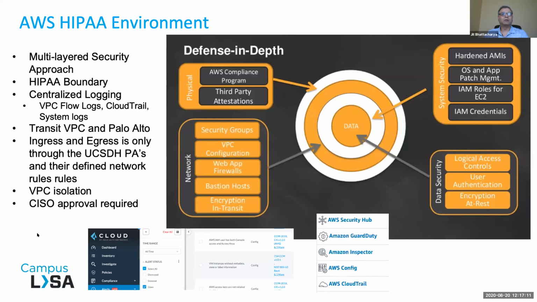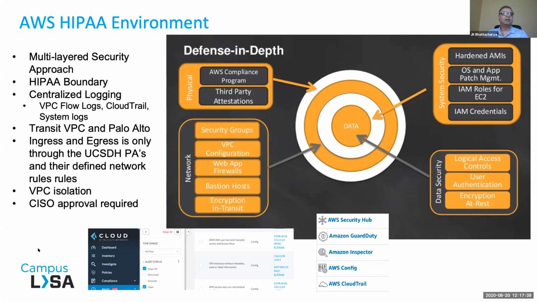So an important concept to understand is the concept of a HIPAA boundary. Think of it as the fencing around your property that you want to protect. So in this case, the HIPAA boundary consists of all the accounts that come under the UCSD Health HIPAA organization and the network boundaries that are created using what we are using here, a Palo Alto firewall.